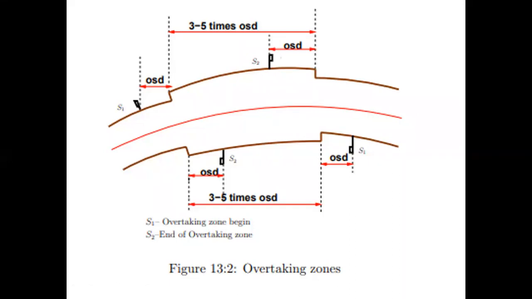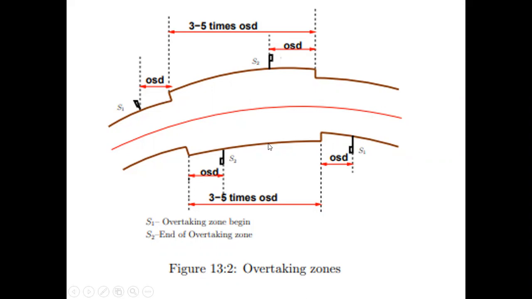It is for the overtaking operation, because in that stretch it may not be possible for the driver to overtake. So at selected road stretches they provide overtaking zones, generally by widening the roads on either side.